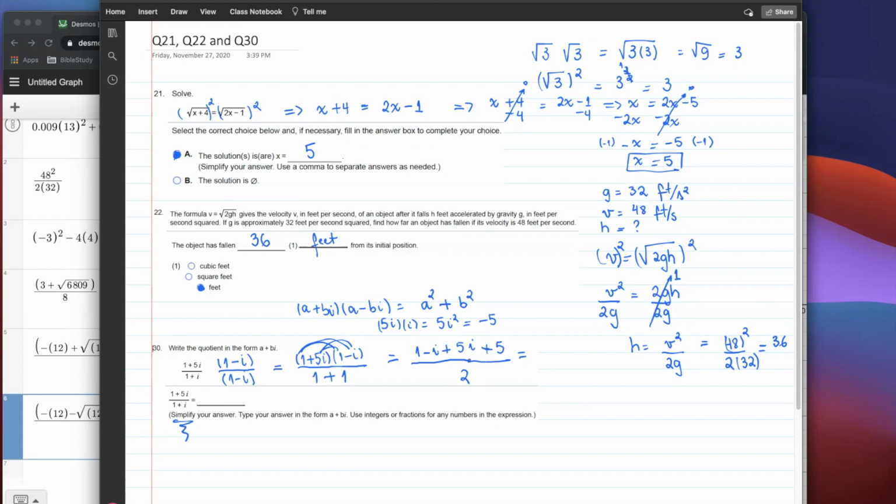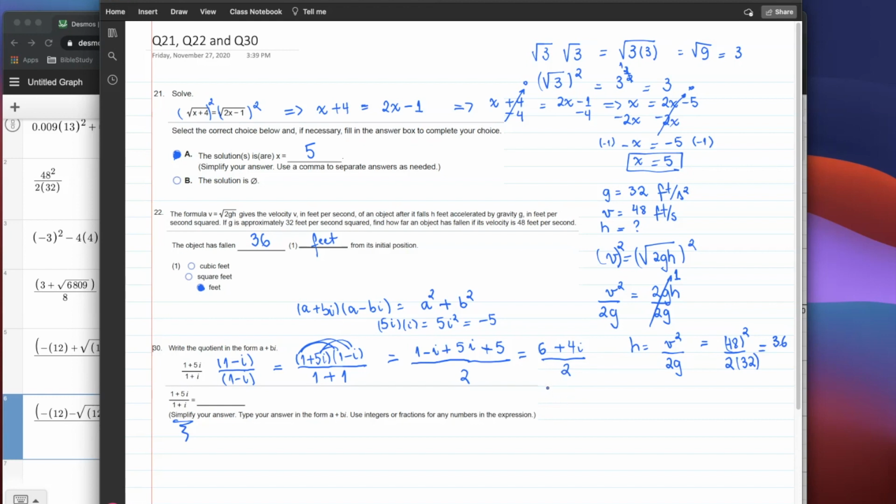Now you combine like terms, real part with real part, imaginary part with imaginary part. The real part here is 1 and 5, which gives me 6. And the imaginary part is negative 1i plus 5i, so this is 4i. And all this is divided by 2. And I have to write it as the real part and the imaginary part.